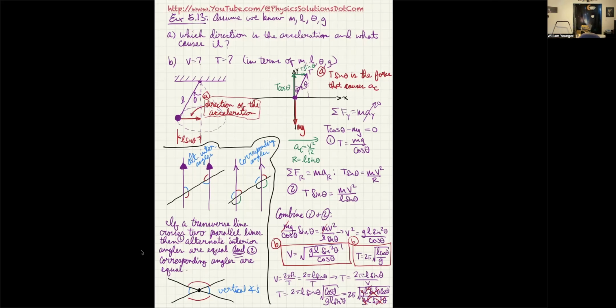So that's another part of answer A. Remember they said what direction is it and what causes it? So the tension in the string times the sine of theta is the force that actually causes the centripetal acceleration. And the centripetal acceleration points towards the center of that horizontal circle. Any questions on that?